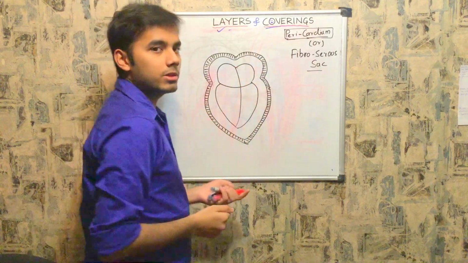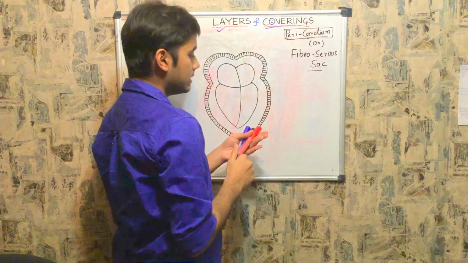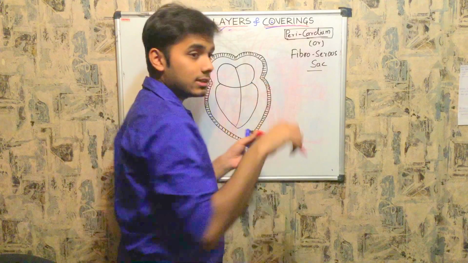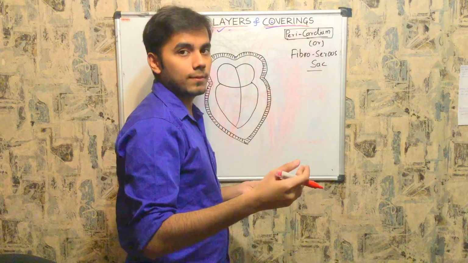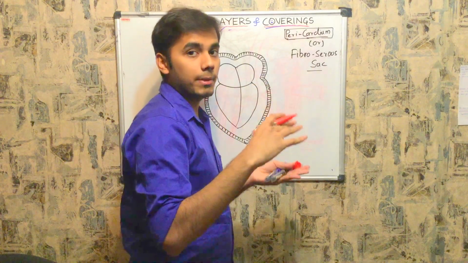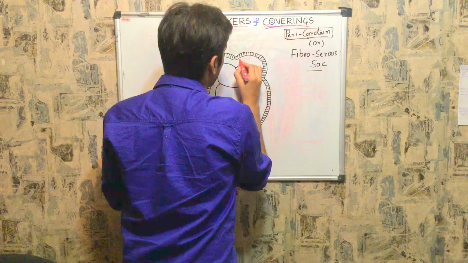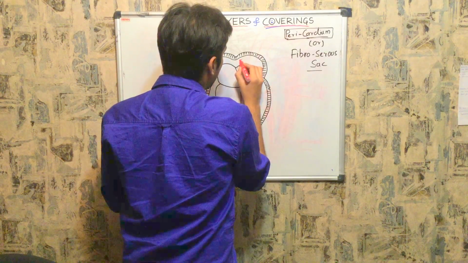And below the fibrous pericardium, as I told you, there is the serous pericardium, right? And in turn, the serous pericardium is divided into two parts: parietal serous pericardium and visceral serous pericardium. So I'll draw the parietal serous pericardium in red.